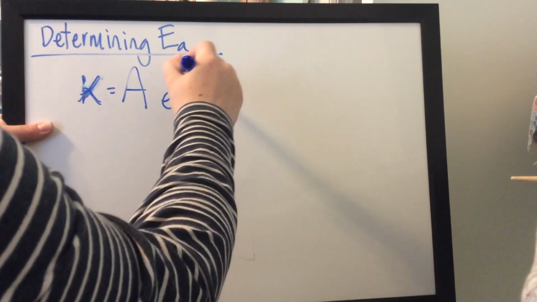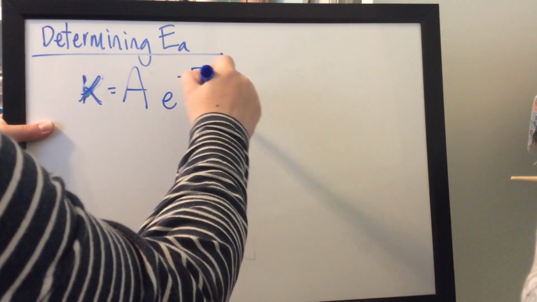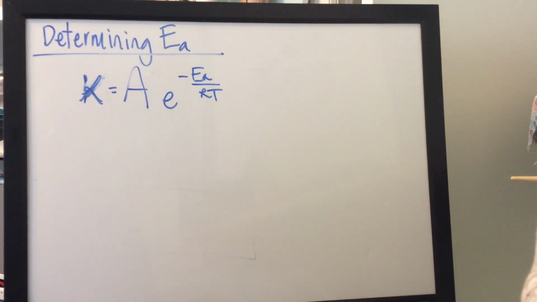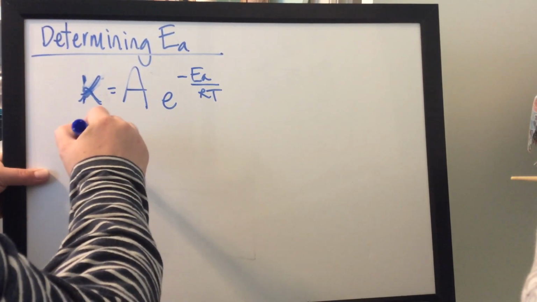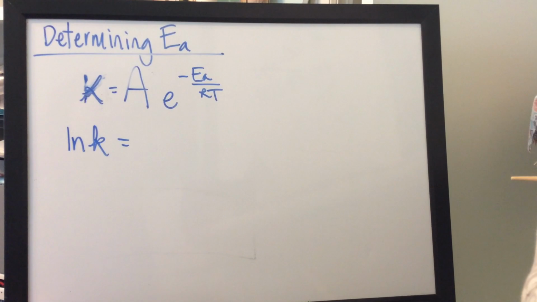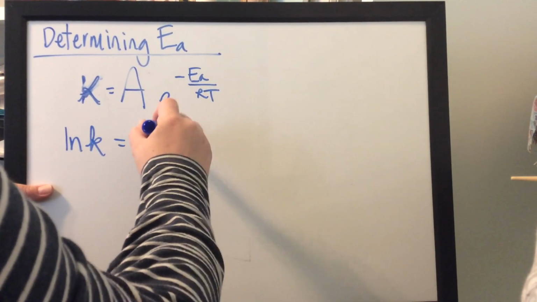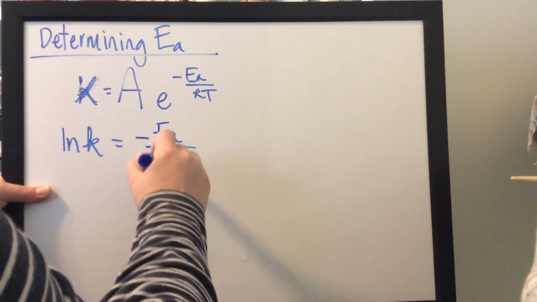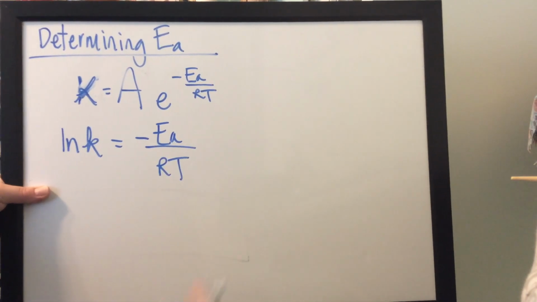This equation just a second ago. And if we take the natural log of both sides, okay, and this is all in your textbook, it talks about how to do this, and this is math and whatever. Not worried about it, I just want you to see this. If you take the natural log of both sides, you end up with this.